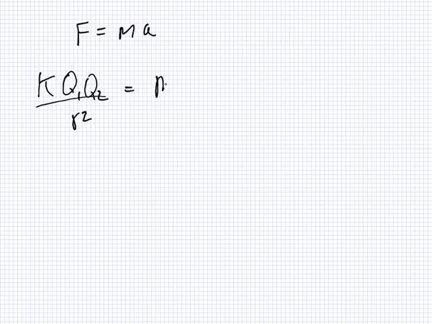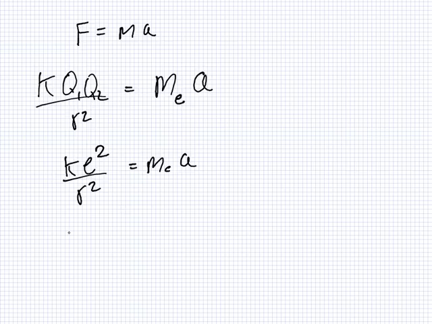So F equals ma, and the F from Coulomb is 1 over 4 pi epsilon 0, or what we call K. So K Q1 Q2 over R squared equals m_e a, since it's the mass of the electron. Now the Q's are both the same, a proton and an electron, so K e squared over R squared equals m_e a.